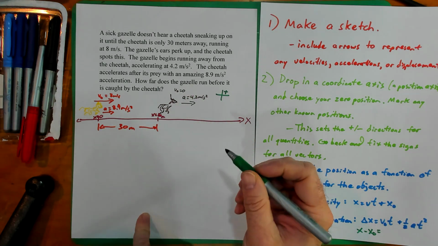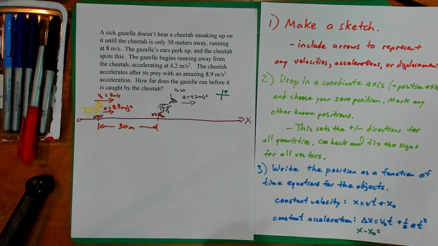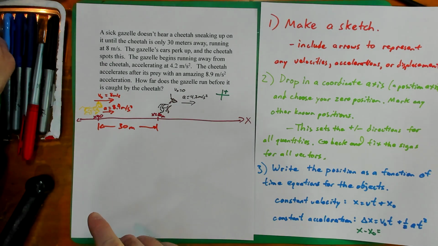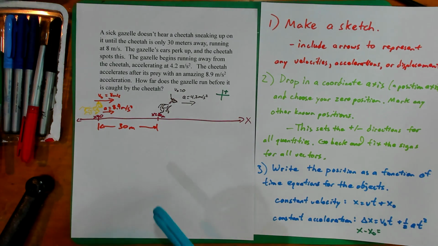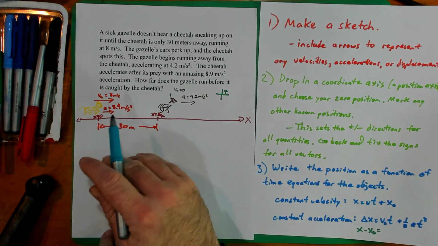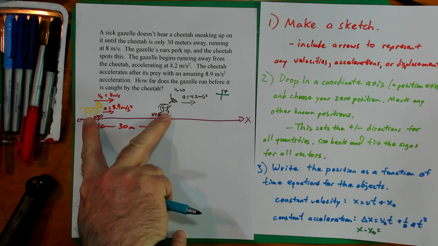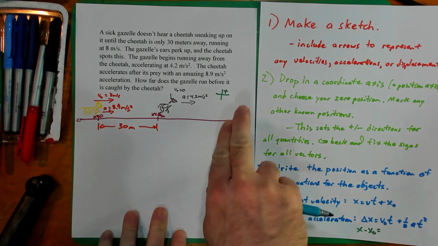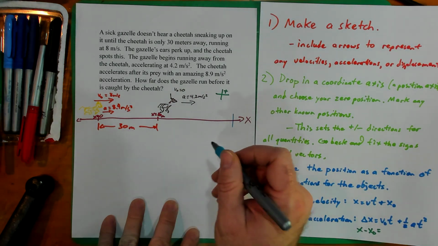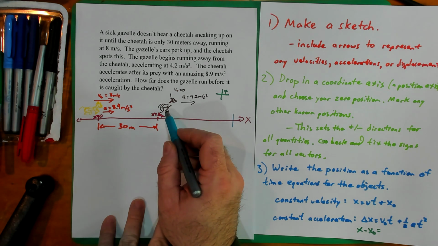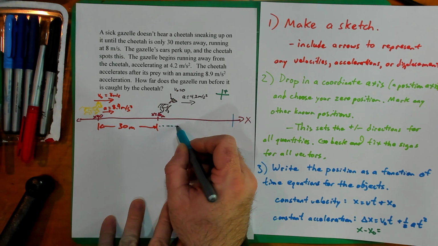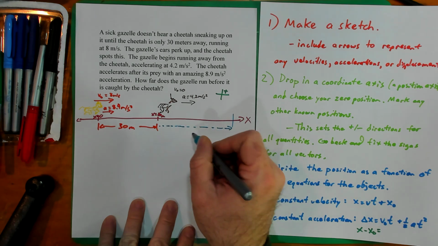That's all good. There's actually one more thing that I might want to sketch on this. The other thing I might want to sketch here is my displacements. So we're figuring this cheetah is going to catch up to the gazelle somewhere. Let's say that here is that magical spot where we catch up. Then the gazelle starts here and goes this way.